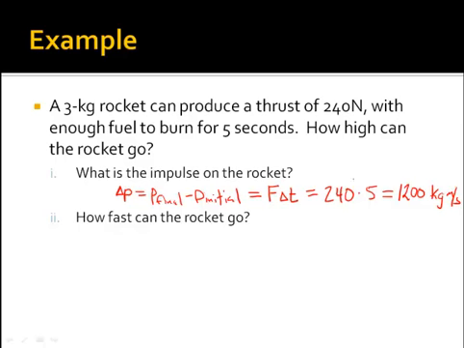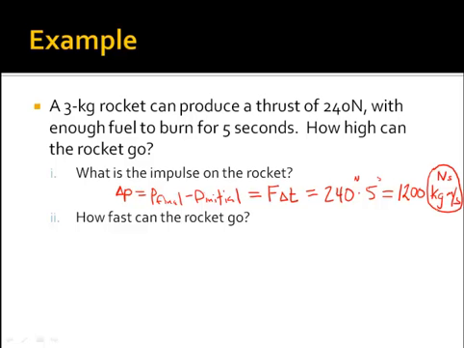Technically, that was 240 newtons times 5 seconds, so this should be 1,200 newton seconds. I'll let you in on a secret. A newton second and a kilogram meters per second are actually the same thing. When we study forces, we'll show you how a newton actually is derived from kilogram meters per second squared.